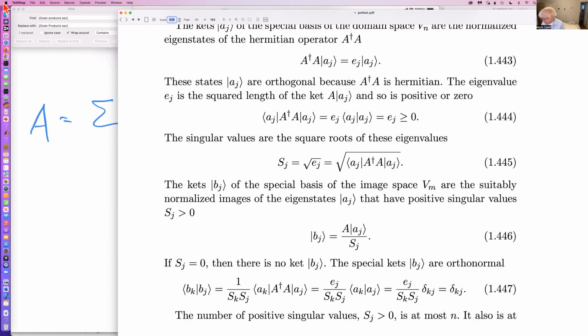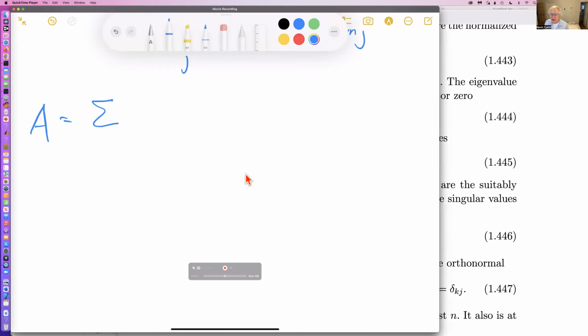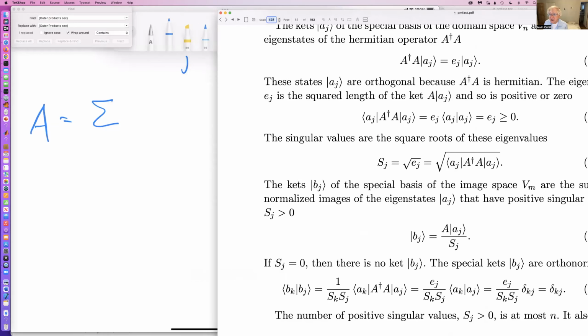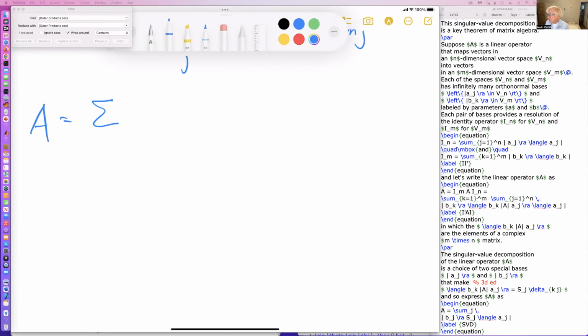And just to show you how this would work, altogether what we're saying here is that A is a sum of... I'm going to move this off screen so that I can both see it and not block out things.